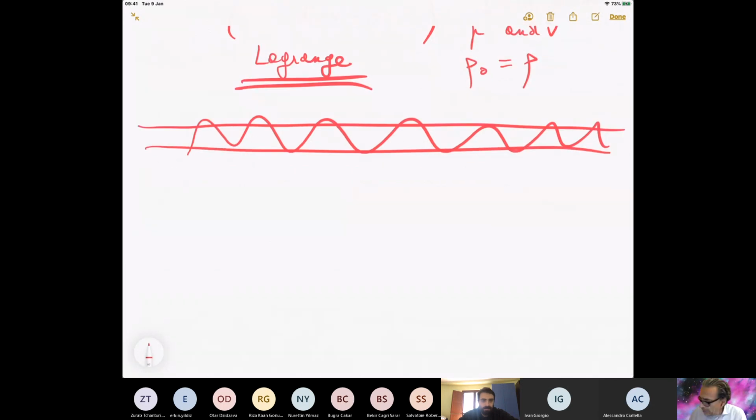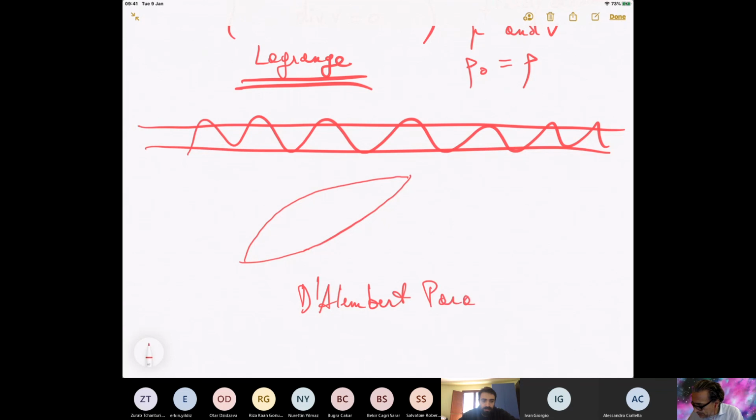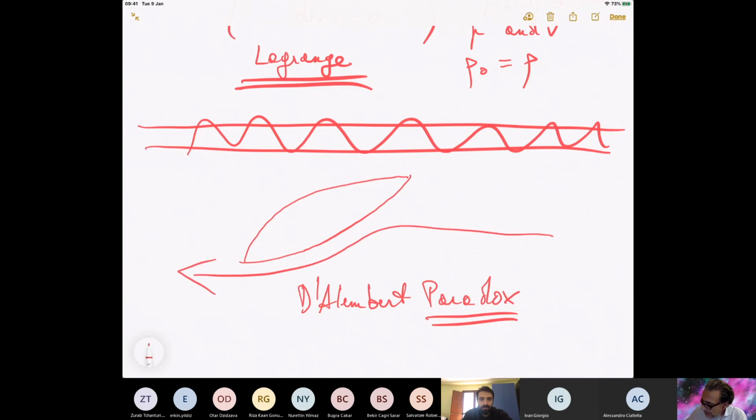I will try to find a nice proof of the famous D'Alembert paradox. Imagine having a wing and a fluid flowing around the wing.